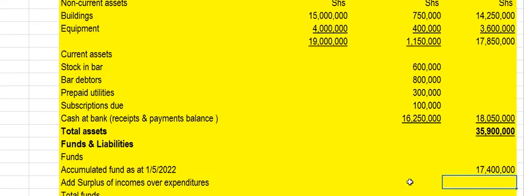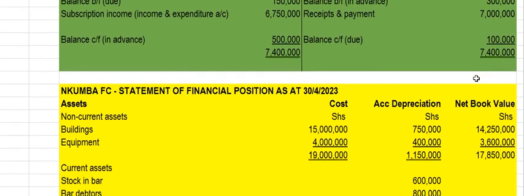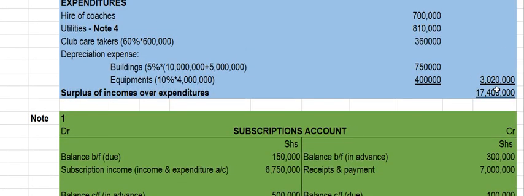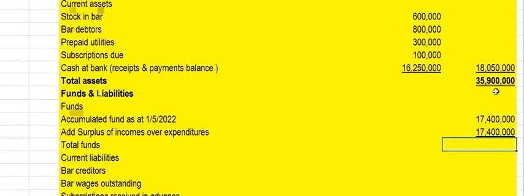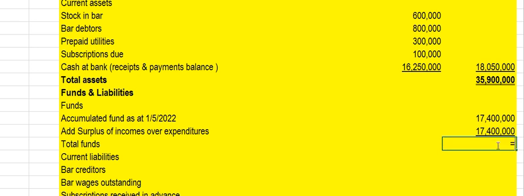So if the club makes a surplus of income over the expenditures, of course the funds of the club increase. That surplus of incomes over expenditures is also 17.4, and this gives us the total funds, which is 34,800,000.